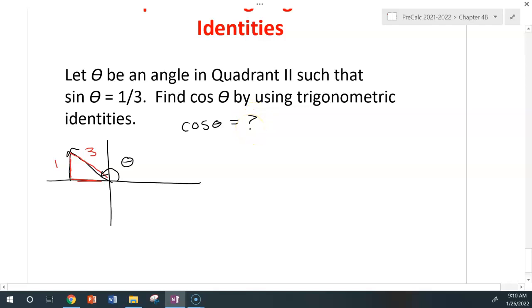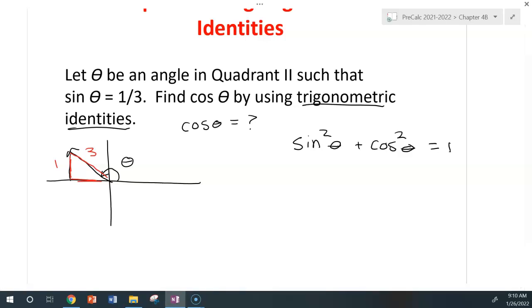What we're going to do is use trig identities. I'm going to go back to those identities that we did before the semester break, and pull out this one: sine squared of theta plus cosine squared of theta equals 1. Then all I got to do is plug in what I know and solve for what I'm looking for.